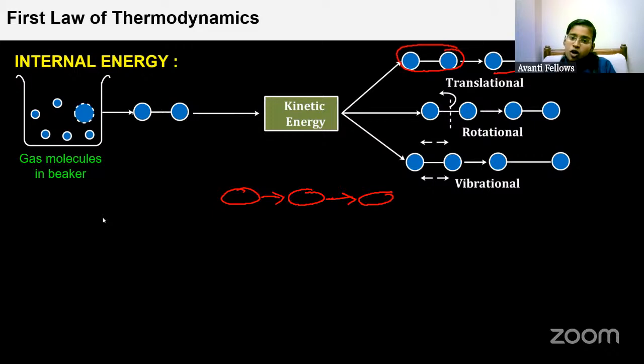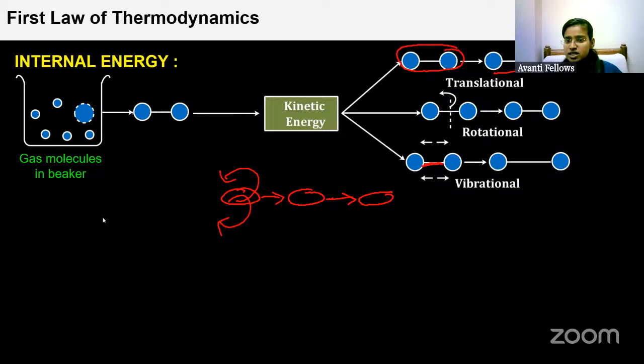And the molecule can rotate. It can rotate to all the sides, so some amount of energy will be associated with it. If I'm rotating from this side to that side, I need some energy, right? So that is rotational energy. And what is vibrational? The bonds between the two atoms in a molecule will vibrate.